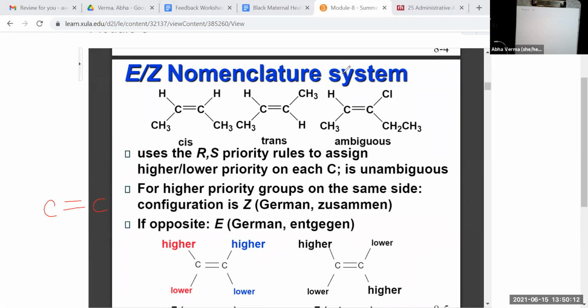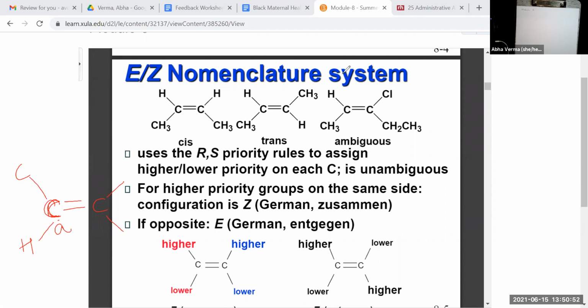So across the double bond, you have to look at one carbon at one time. Looking at both the atoms of your double bonded carbon, let's say carbon A, you have to figure out, based on the periodic table's atomic number, do you see any priority? If you see priority between these atoms, the atoms which are directly attached, then you know that one of them will have a higher atomic number or higher atomic priority.